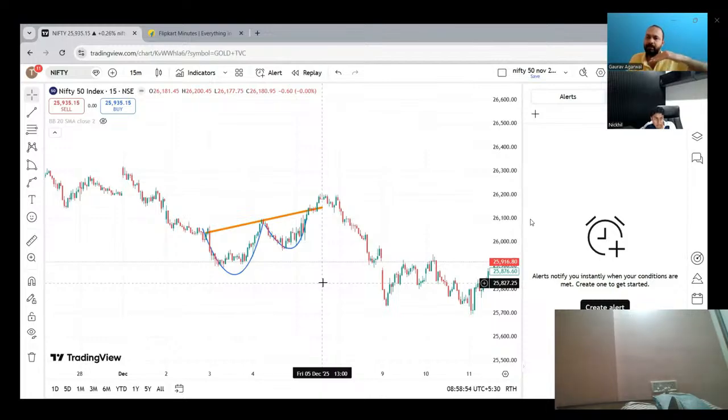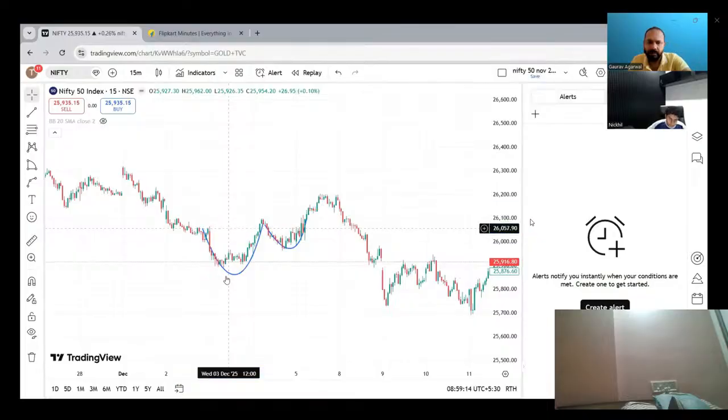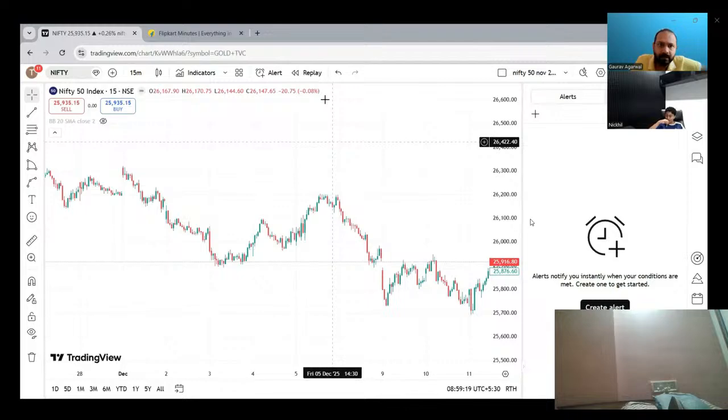So basically, support and resistance will be flat lines, but trend line will be slightly tilted. 30 or 45 degree you can plot it. So you need to use all your concepts and logic in that.